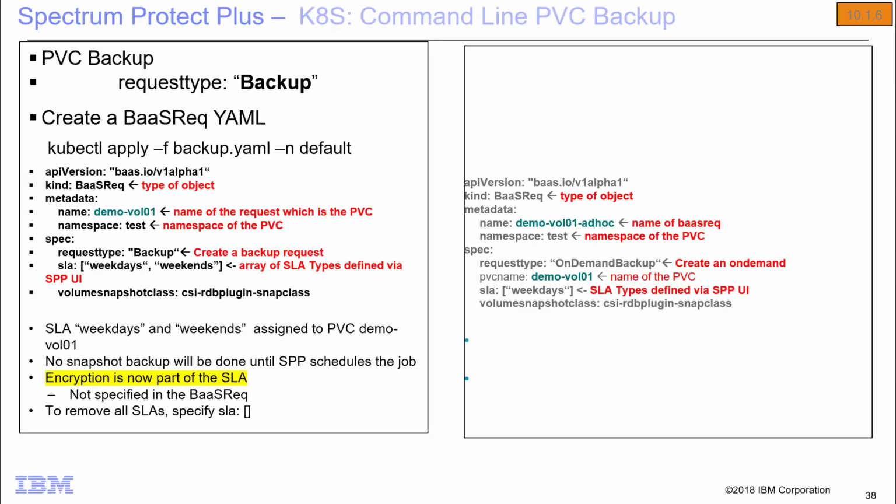If you are using our BAS agent to back up Kubernetes or OpenShift environments, we do allow encryption as part of our service level agreement for those PVC backups, and that is simply part of the SLA when you're setting up the OpenShift or Kubernetes backups.